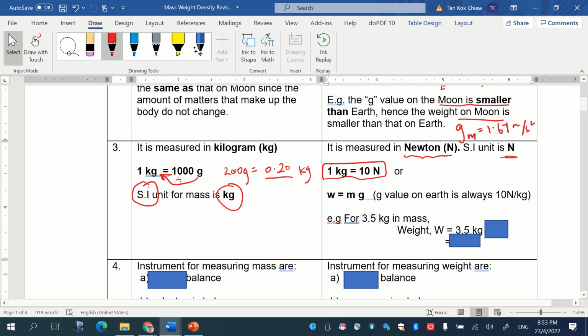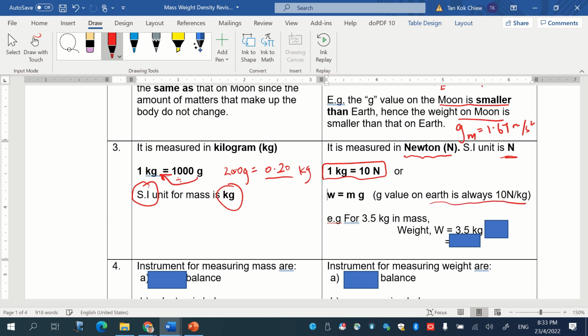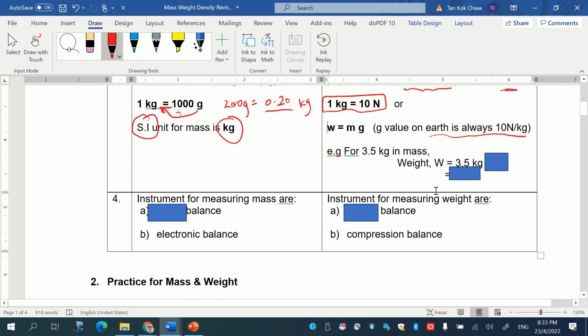And the g value on Earth, again, I cannot stop emphasizing this, is always 10, right? So a quick example: from this point on, you will have to know how to convert mass in kilogram to weight in Newton.